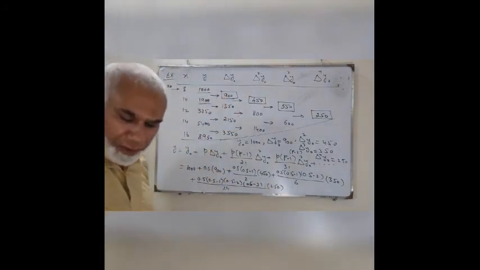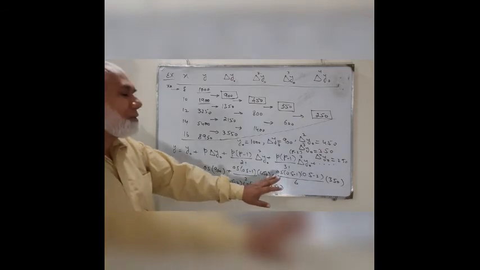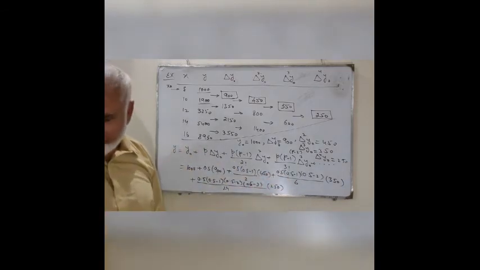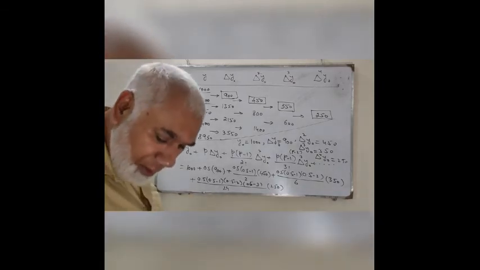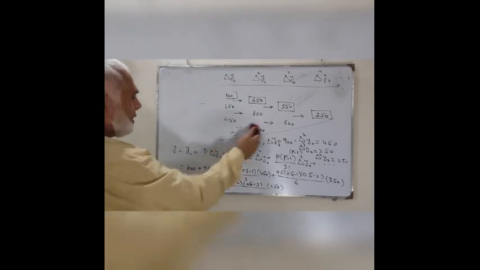After substitution of these values, you have to use your calculating devices and simplify it. Whenever you simplify it correctly, you will get the correct answer. So let me write down the ultimate result.